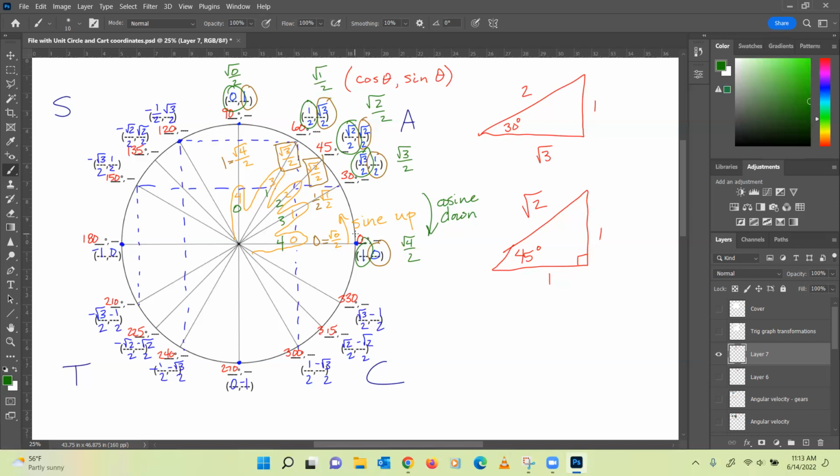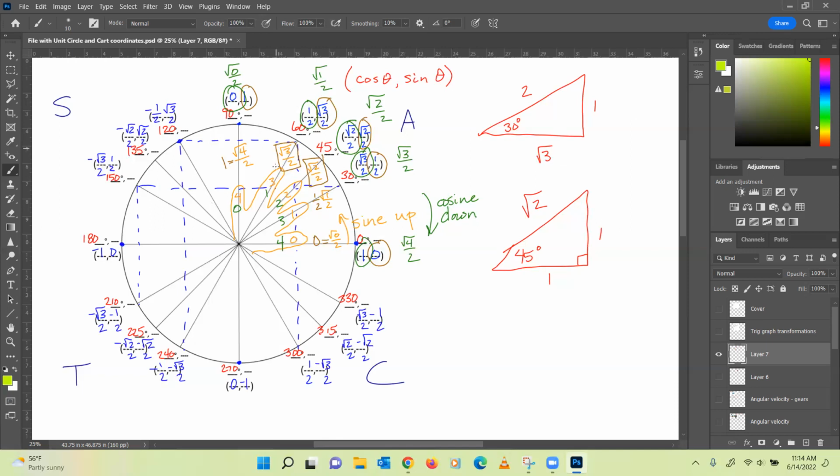But regardless, now we know the sine and cosine of all of these angles on the unit circle in degrees or radians. And so that's going to help us just immensely throughout this section. So if I wanted, say, the cosine of 3 pi over 4, let's come over here.